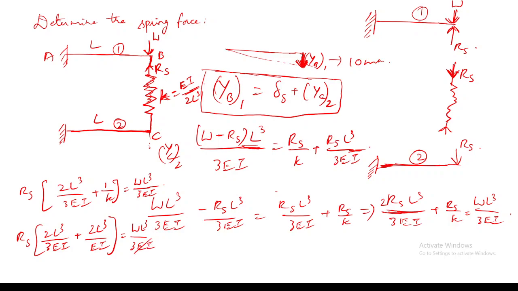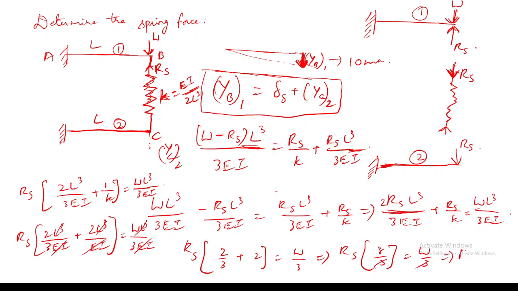So EI terms and L cube terms will get cancelled, and you will have RS into (2 by 3 plus 2), which is equal to W by 3. Is it correct? So RS will be 2 plus 6, 8 by 3, equal to W by 3. So finally you get RS equal to W by 8.